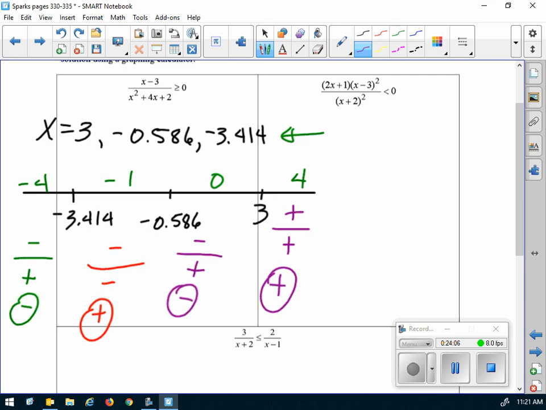Are there any of those numbers I would have to throw out because they make the fraction undefined? The critical numbers. This makes my fraction undefined, and this makes my fraction undefined. Question? Wait, why are we finding out what the denominator equals?